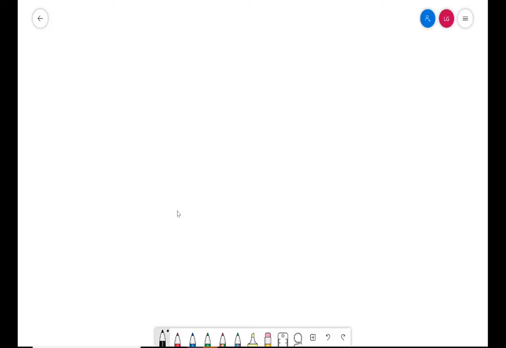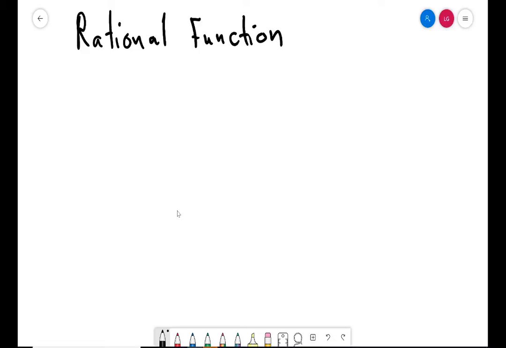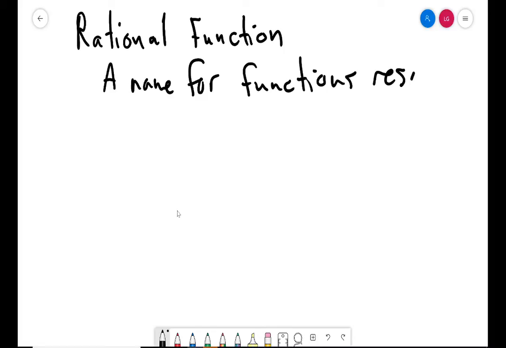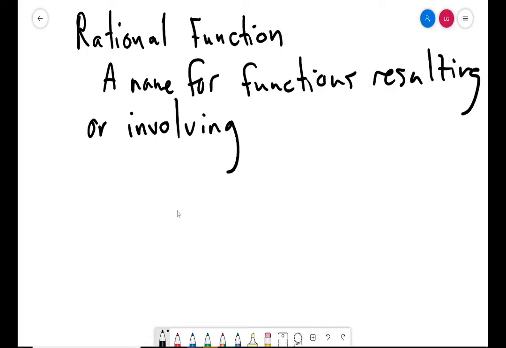First thing to know, rational function is another name for functions resulting from or involving polynomial division.